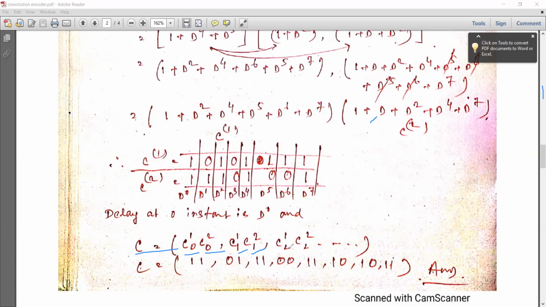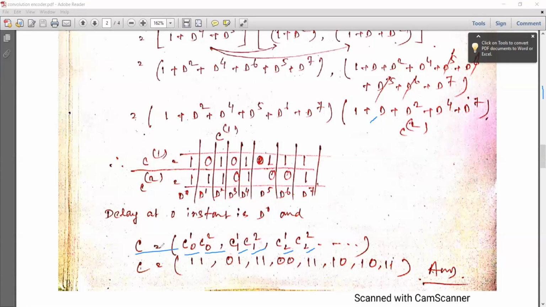In this way, at j equals 2, that means at instant 2, the value of C1 and C2. So at each instant, we have to write the C1 and C2 values side by side.